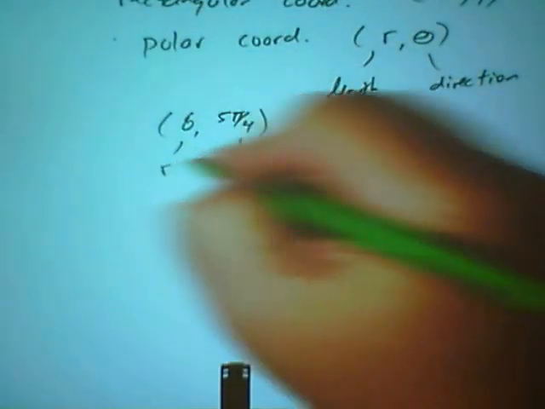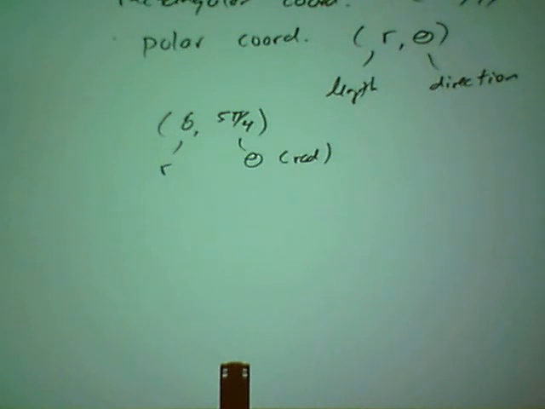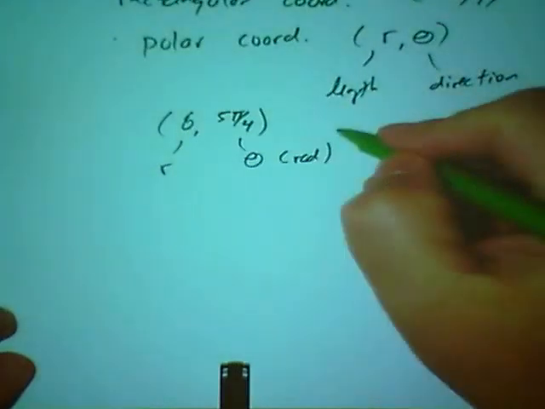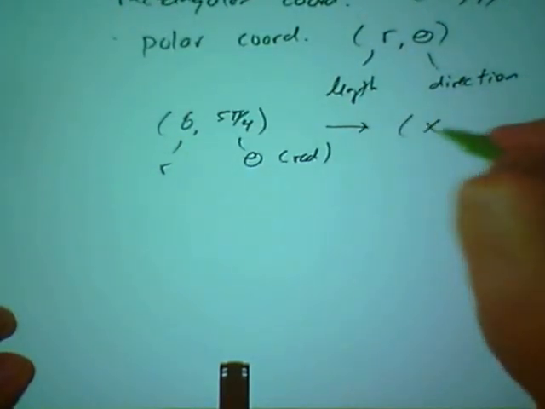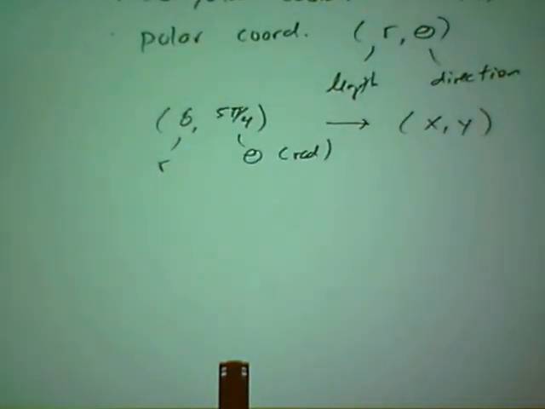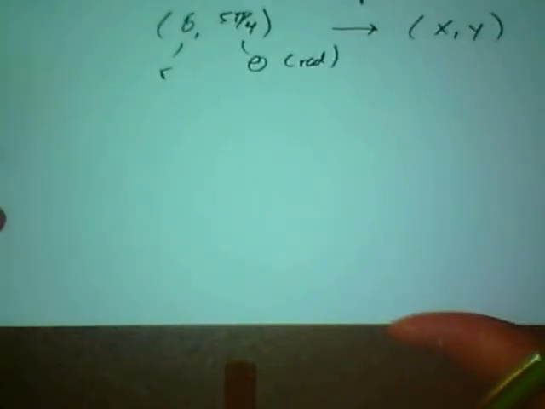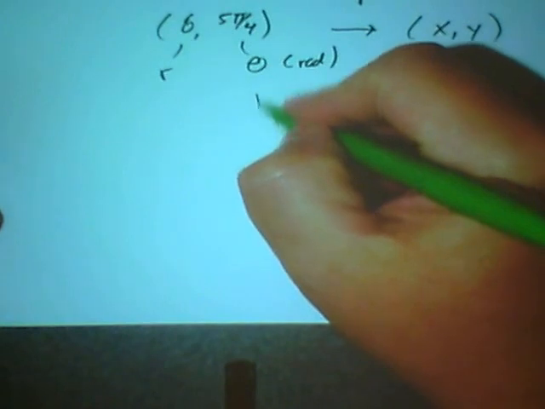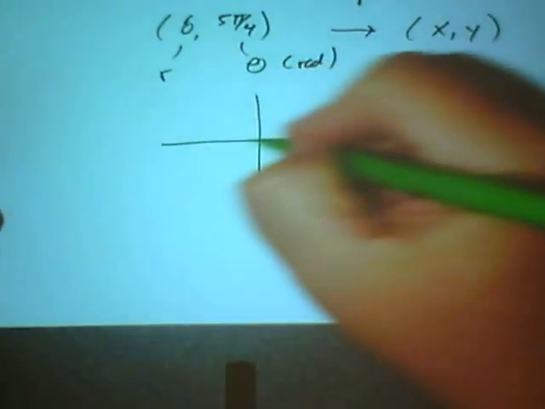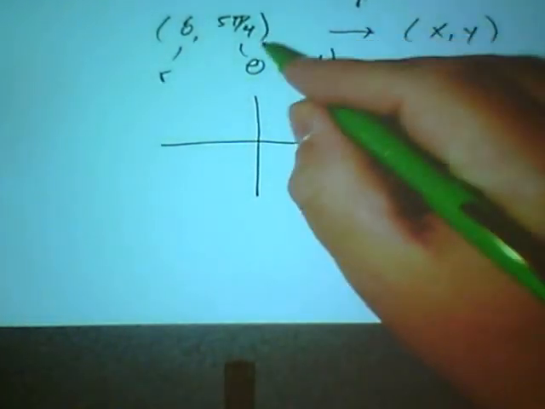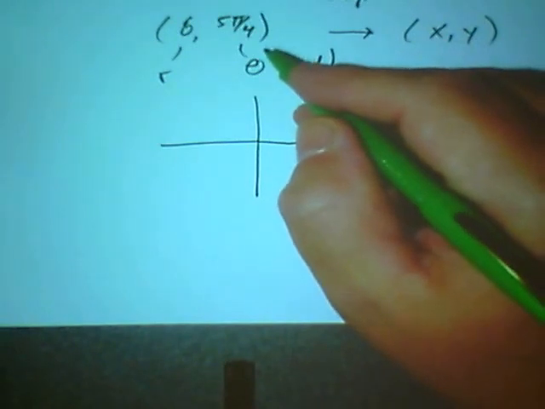And 6 is like the R, which is going to be the length or the distance. So there's a polar coordinate, and we want to convert that to write it in rectangular coordinates. Now if I go graph this polar coordinate, basically it's saying go to the angle 5 pi over 4.